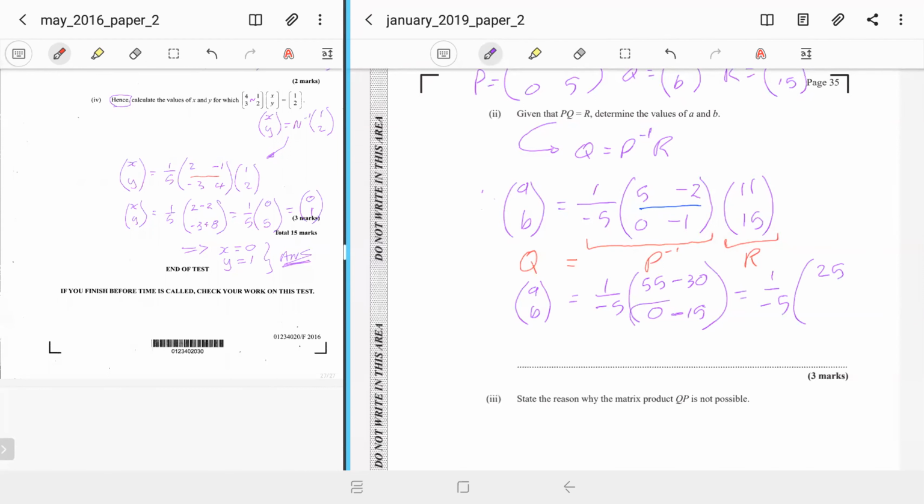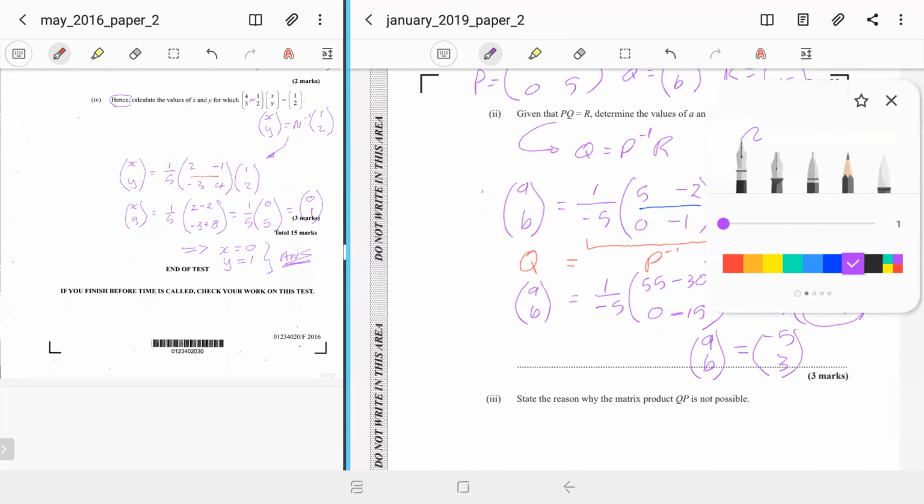This becomes -15. So therefore the AB equals, we write this down now. This divided by -5 is -5. This divided by -5 is +3.